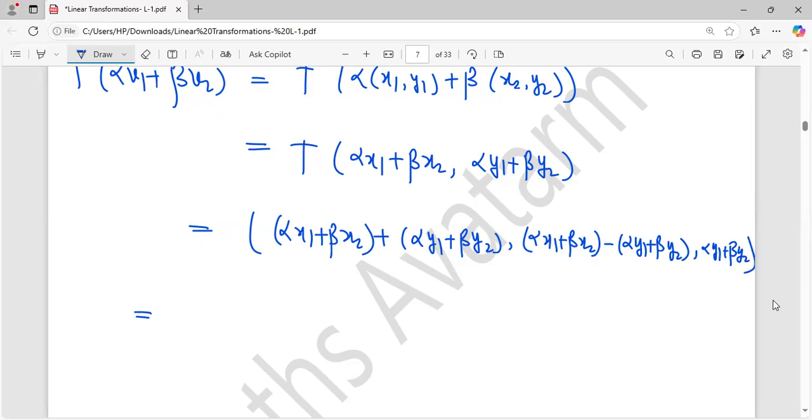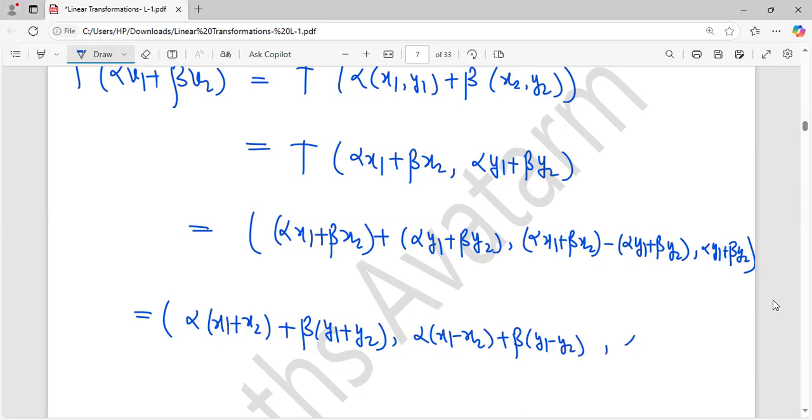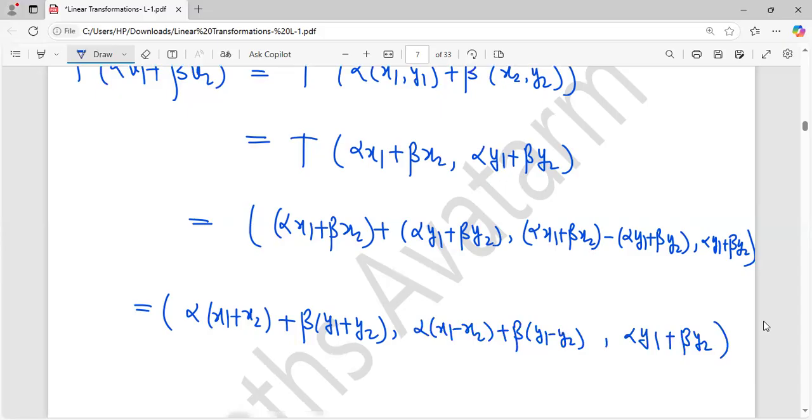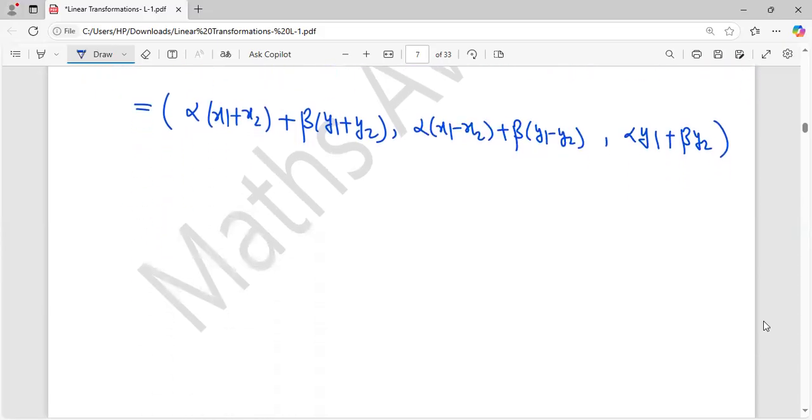Then I can write it as alpha (x1 + y1, x1 - y1, y1) plus beta (x2 + y2, x2 - y2, y2). So how can I write this?